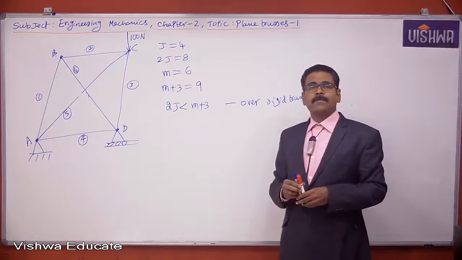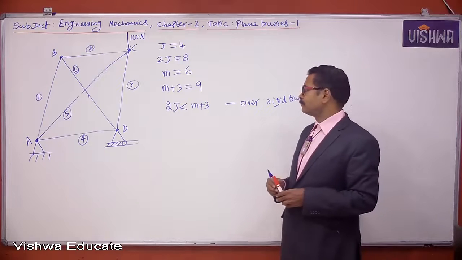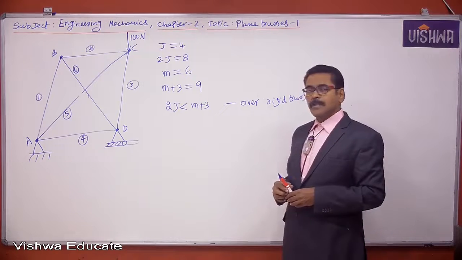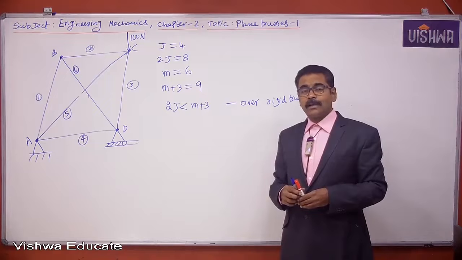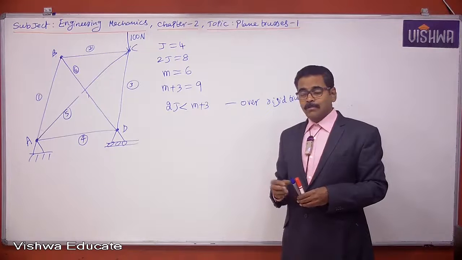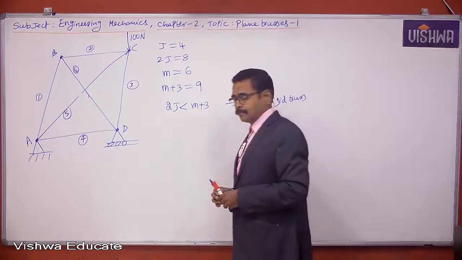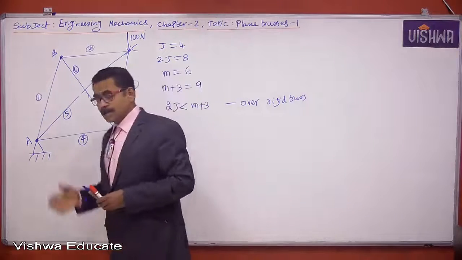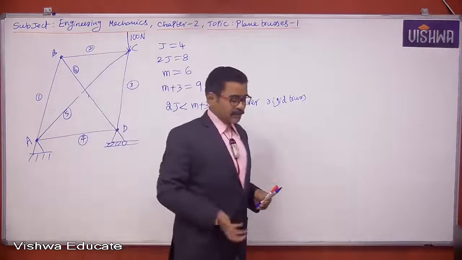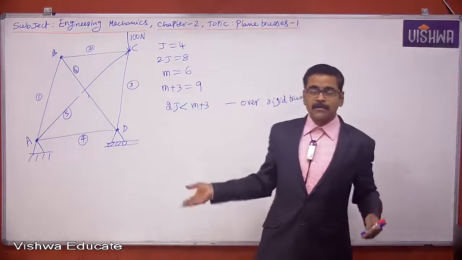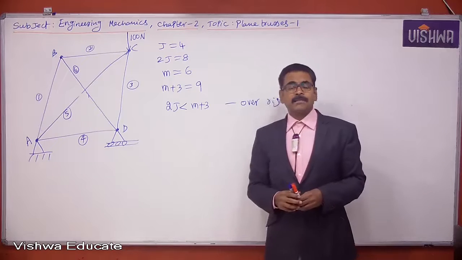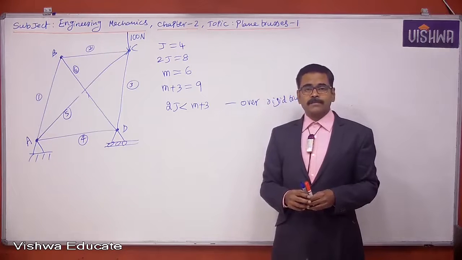In an over rigid truss, we are using more members than required. You might be using one extra member than required. Only 5 members are required, but you are using 6. 5 is enough, but you are using 6.